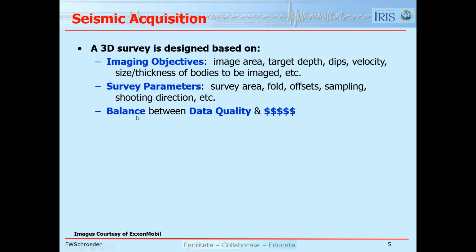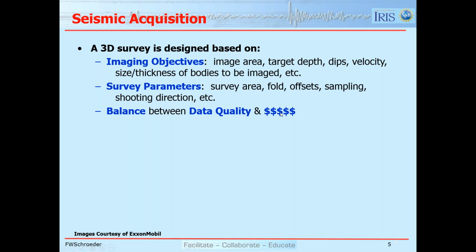The main thing in seismic acquisition is we have to attain a proper balance. We want the right data quality so we can answer the business questions, but we unfortunately have limited budgets, and so we don't want to overspend and get much higher quality data than we actually need to answer the business objectives.